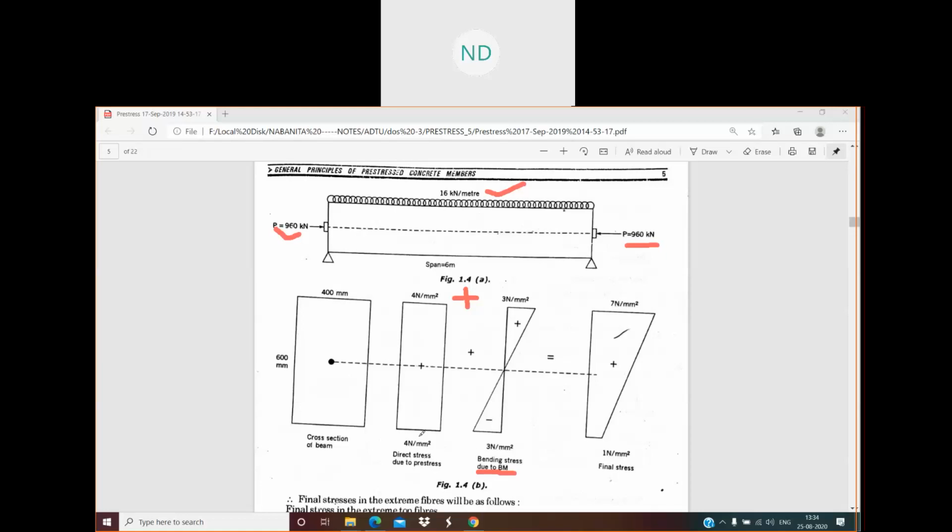And at the bottom, 4 minus 3, that means 1 Newton per mm square. So this is your final stress developed in this simply supported beam given in our question. Fine, everyone, the stress diagram.